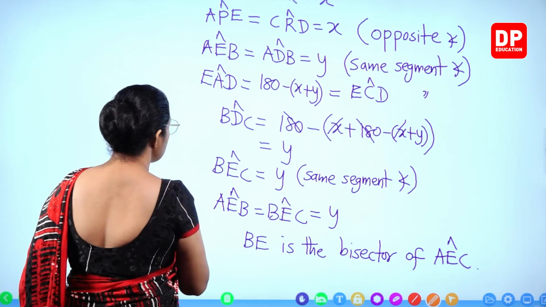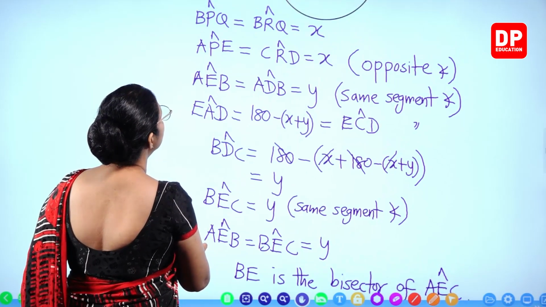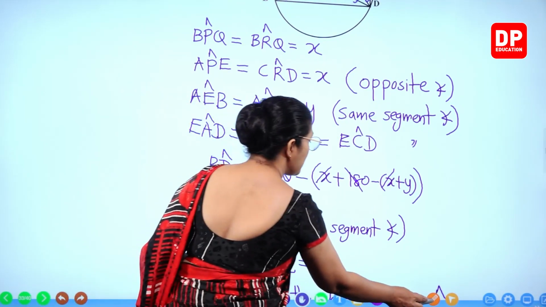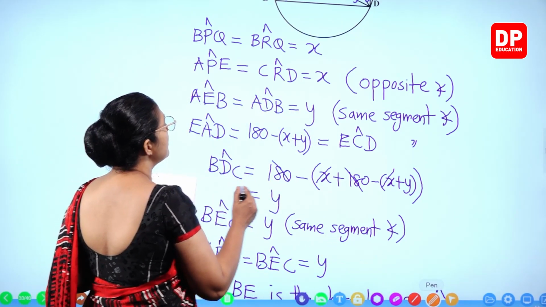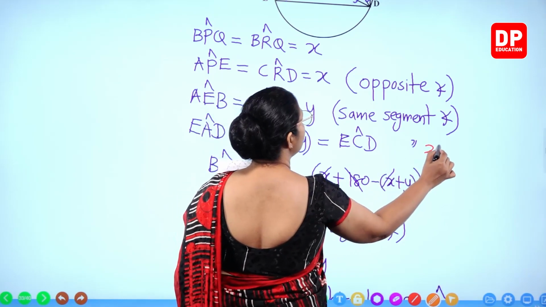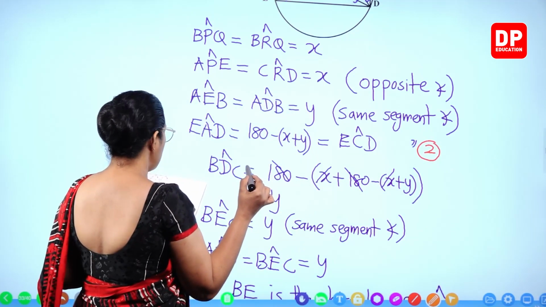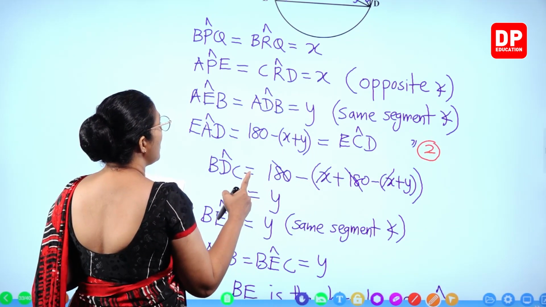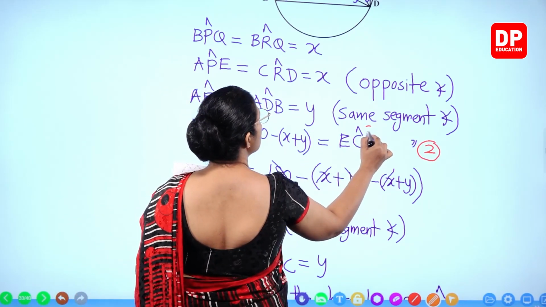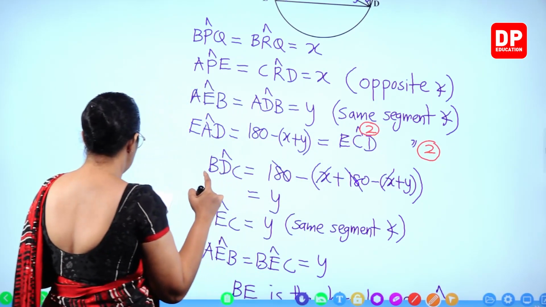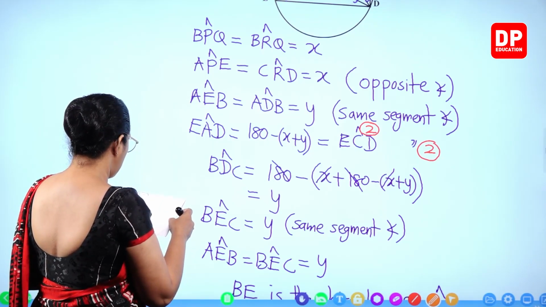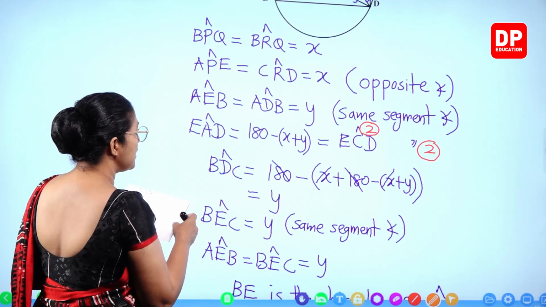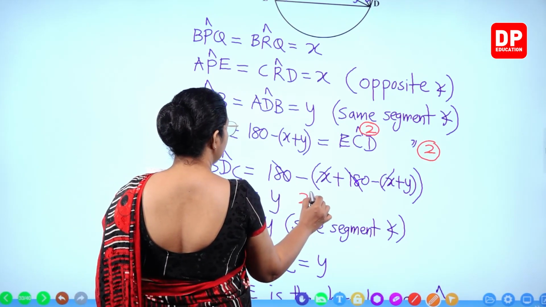So how many marks? You are getting 2 marks for finding this one and 2 marks for finding this part. Both are equal. And same segment angles, 2 marks.